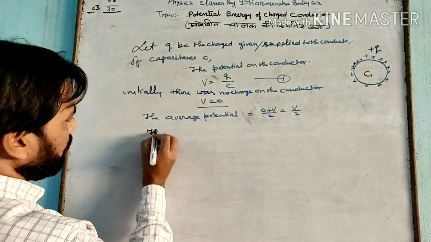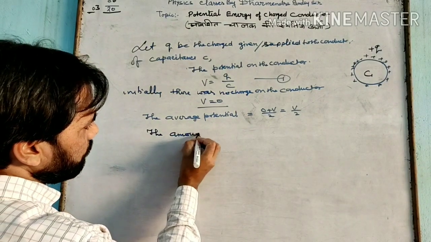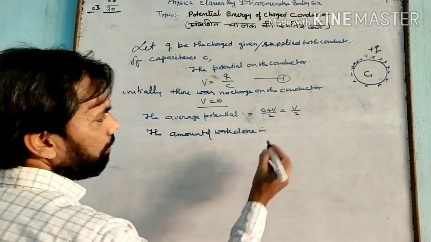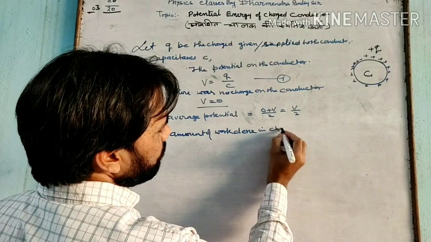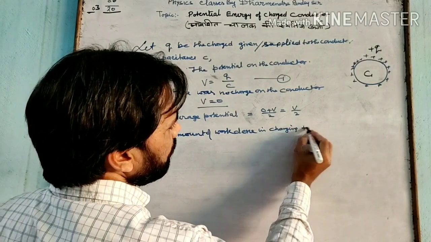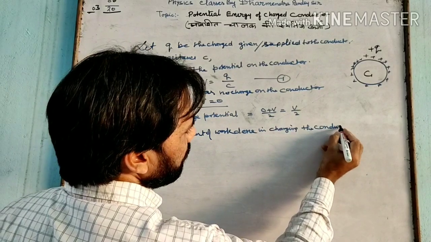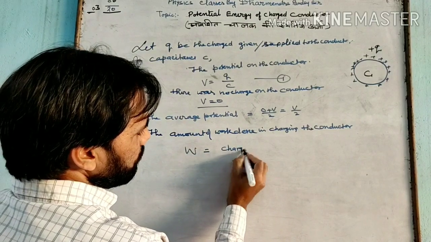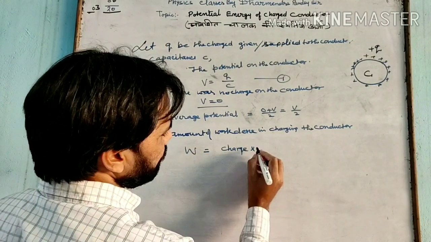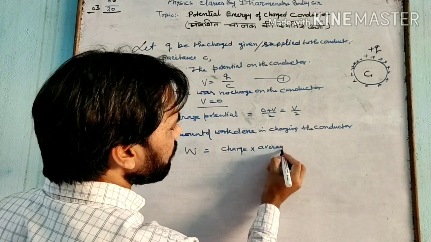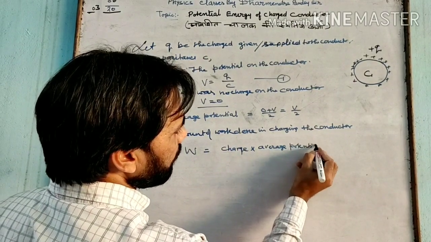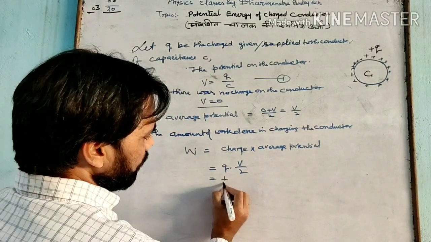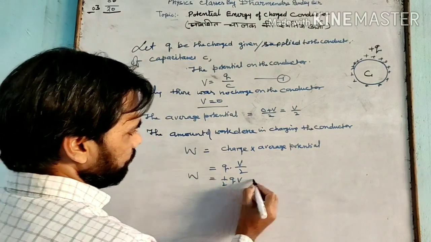So the amount of work done in charging the conductor, that is W, is equal to charge into average potential, that is Q into V by 2, that is 1 by 2 QV.